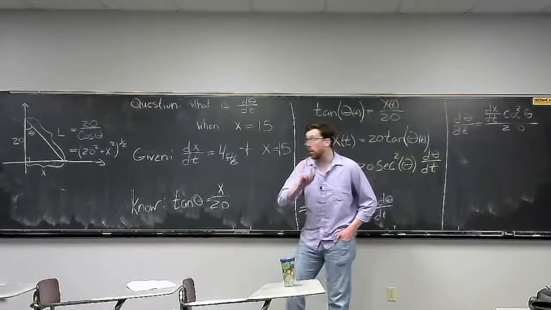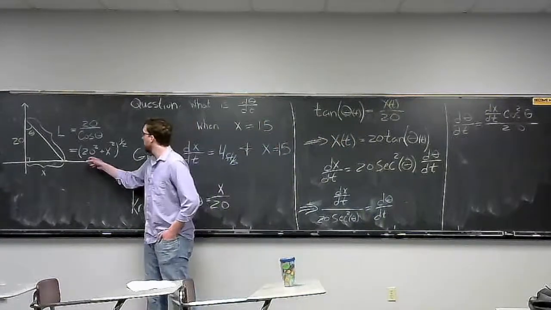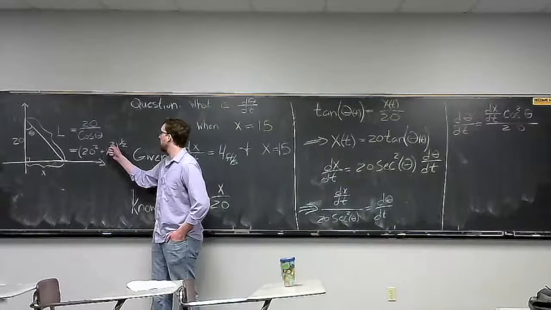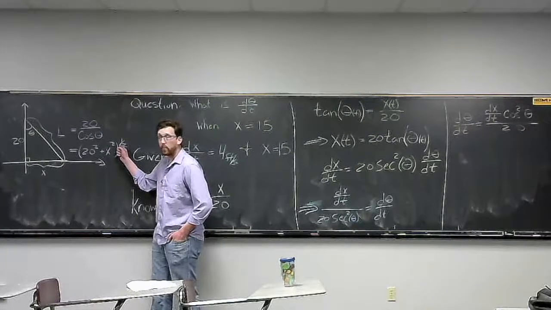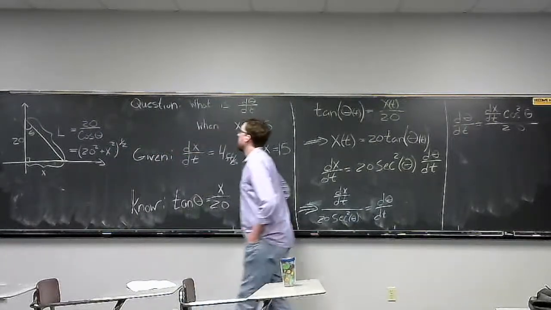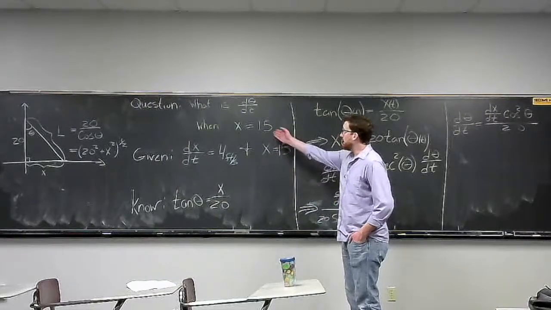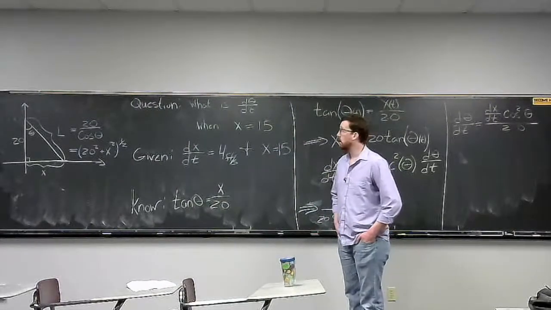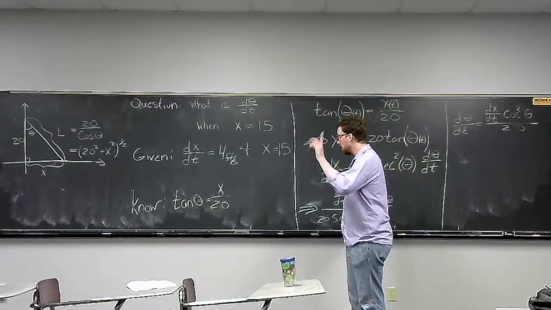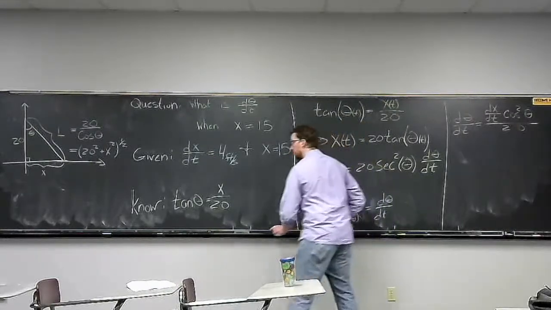But we also know that it has to be equal to 20 squared plus x squared, all raised to the 1/2. And we know that x is equal to 15, so we can rewrite this.